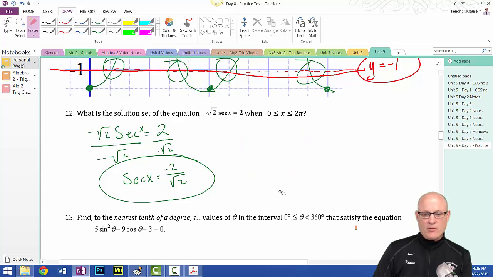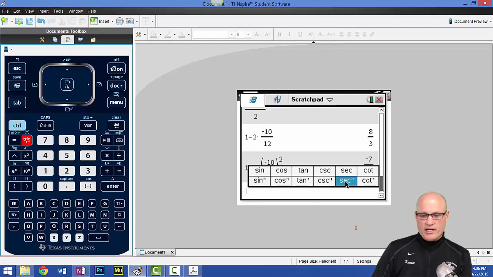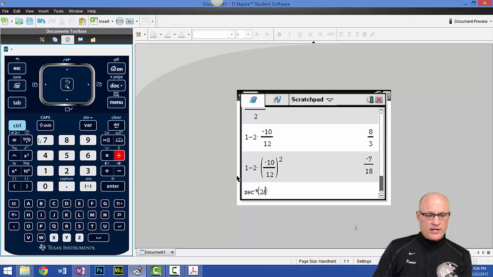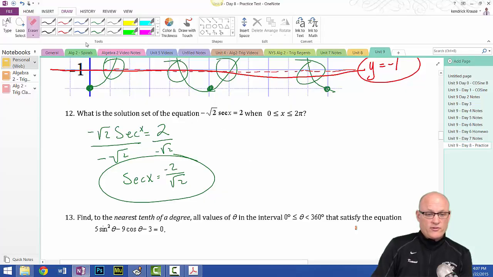What I would suggest you do is come over here and do inverse secant of 2 divided by radical 2, noticing I'm not putting the negative in. And look, 45 degrees, which is what we already determined. So in this case, theta, or x, is equal to 45 degrees.